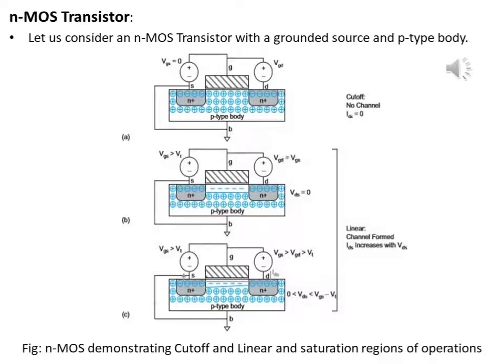Hence there will be no electric field tending to push the current from drain to source at that condition. When a small positive potential VDS is applied to the drain, the current IDS flows through the channel from drain to source.